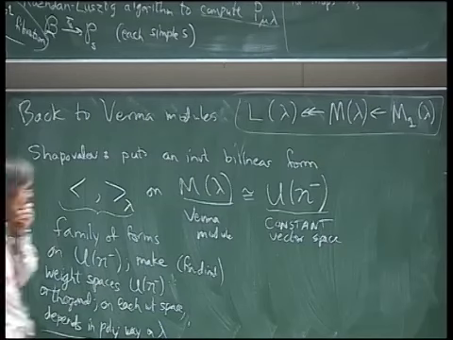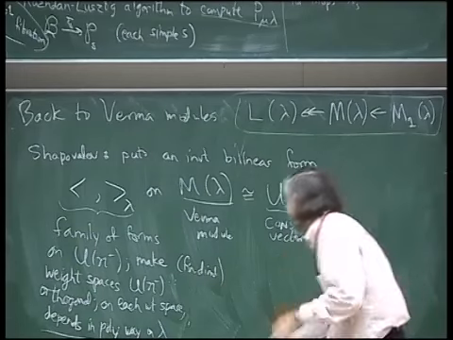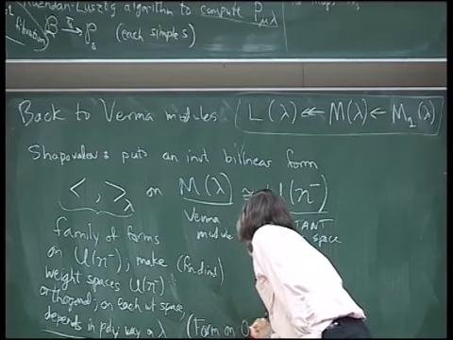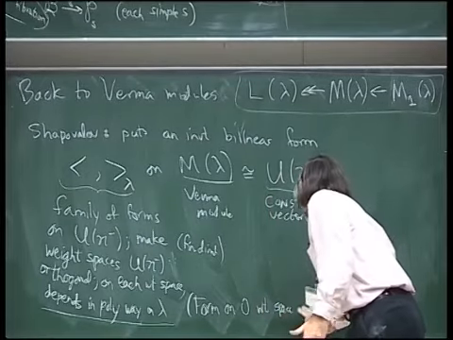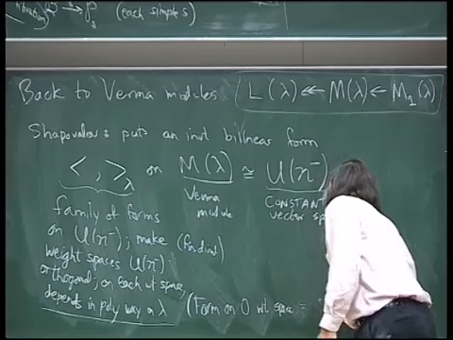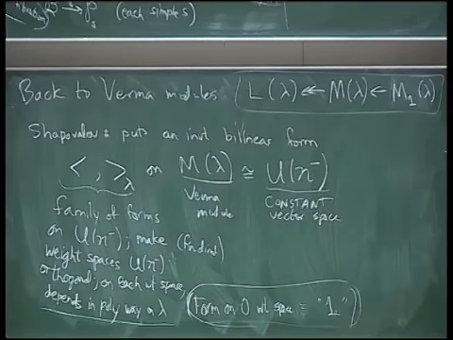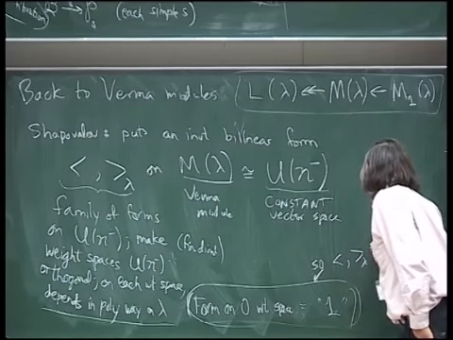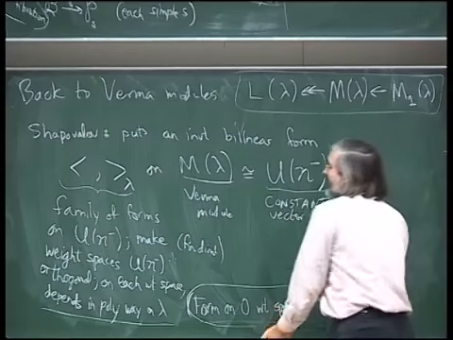Okay. Well, the form on the zero weight space is non-trivial. This form is never zero. But what happens?